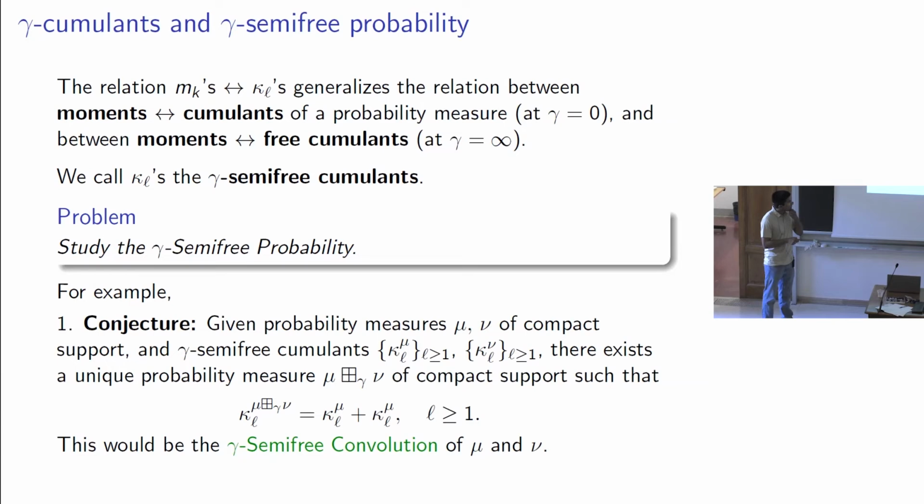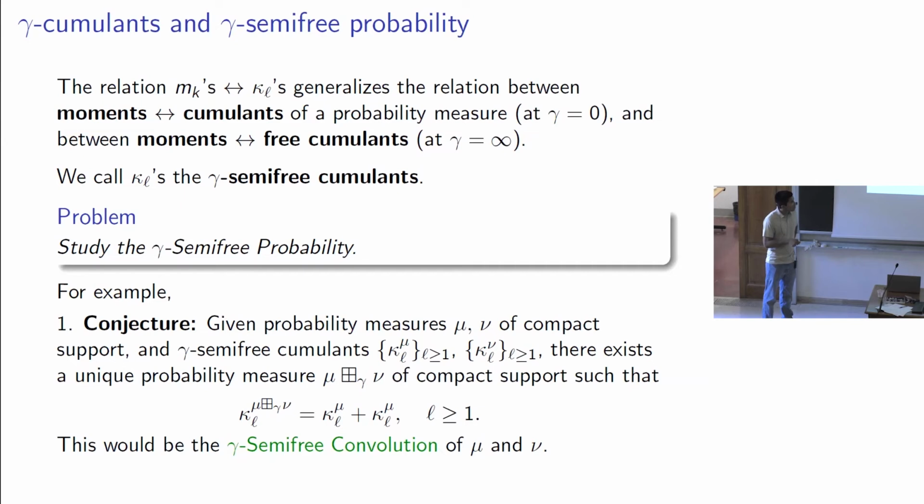So take 2 probability measures, let's say of compact support, mu and nu, okay? They are compactly supported, that means that all the moments are finite, okay? So then you can use the formulas that I had to compute the semi-free cumulants of these probability measures. So they have all the semi-free cumulants, kappa_l, for any l bigger than or equal to 1, for mu and nu, okay?